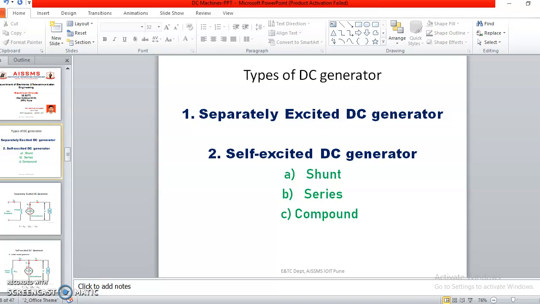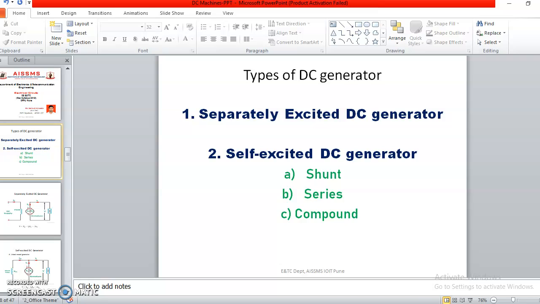So DC generators are broadly classified into two types: separately excited DC generator and self-excited DC generator. We'll discuss some basics. The field winding is also called the exciting winding, and the current carried by the field winding is also called the exciting current.